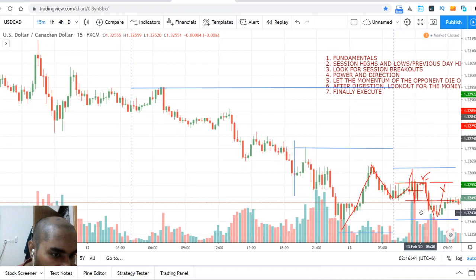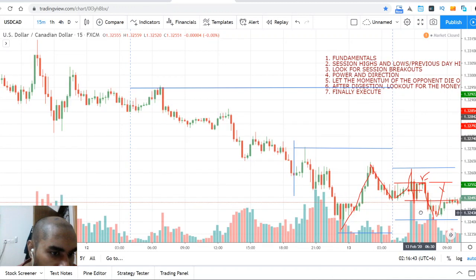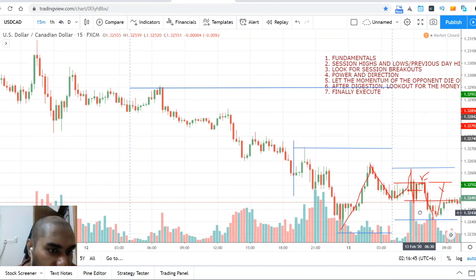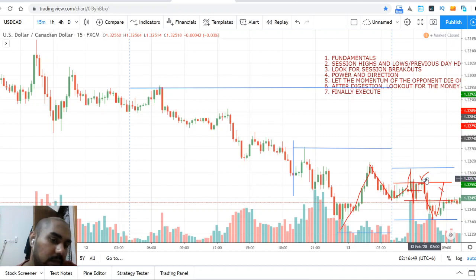The next candle, okay, prices move up a bit. Okay, I have already hit my sell over here. I'll just mark it with a different color or something.